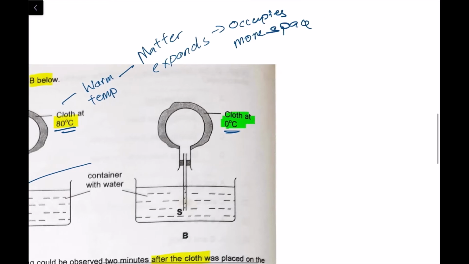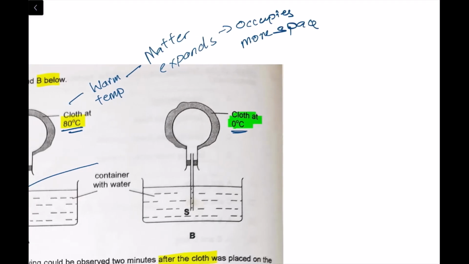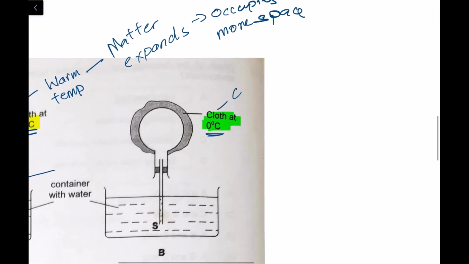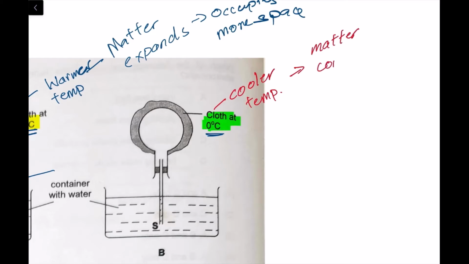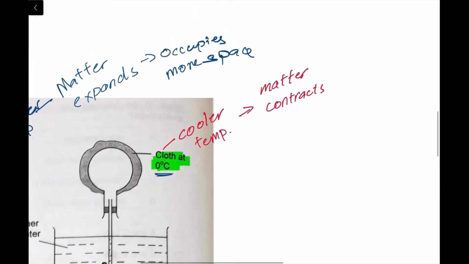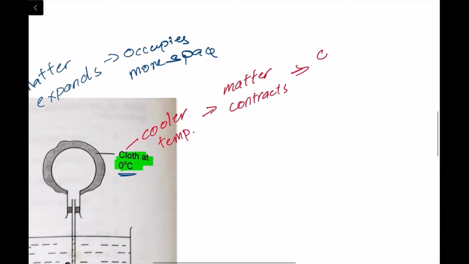And similarly, for cooler temperatures, you have matter that contracts, and naturally anything that contracts would occupy lesser space.